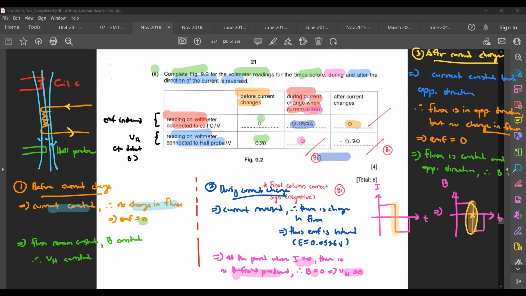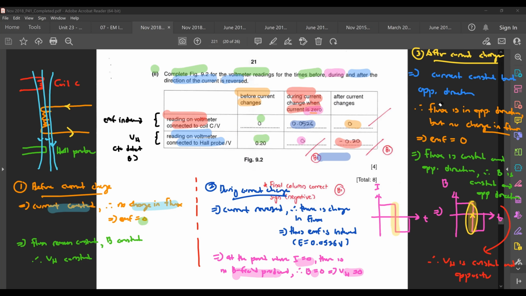Therefore, your B is constant and opposite direction. So if you want to make a conclusion, then therefore V_H is constant and opposite. So rather than having it at 0.20, you're going to have it at negative 0.20.